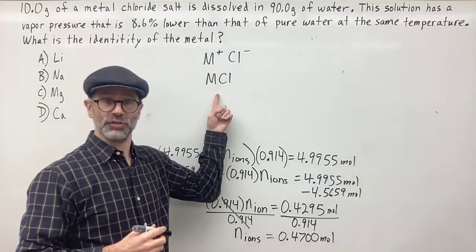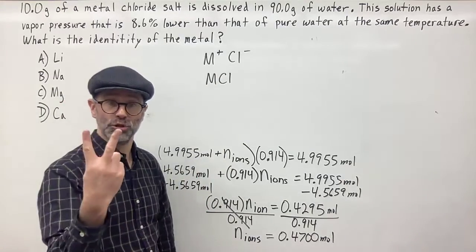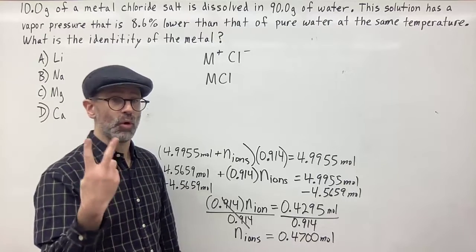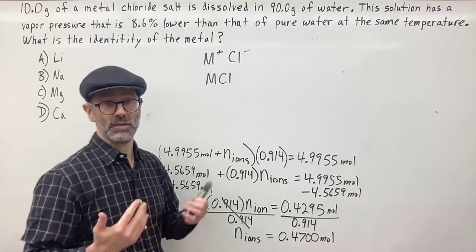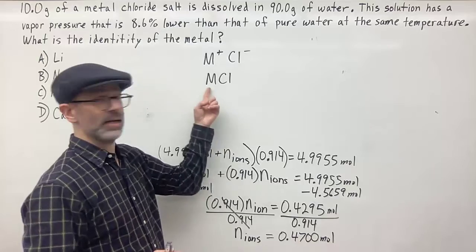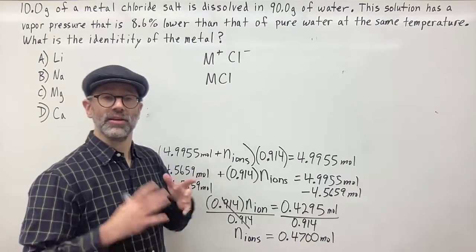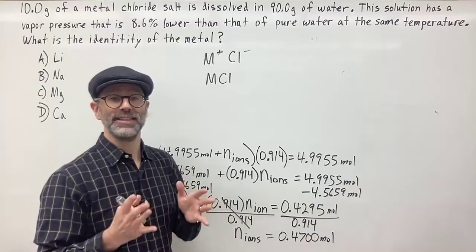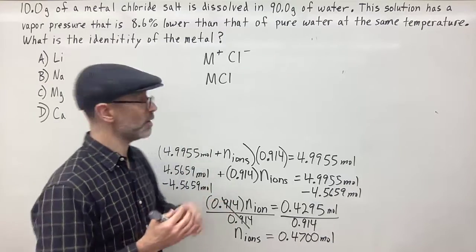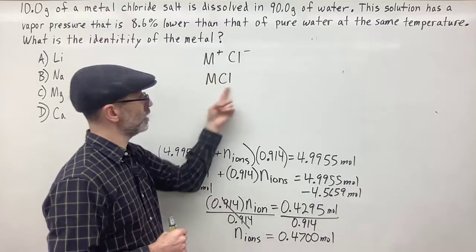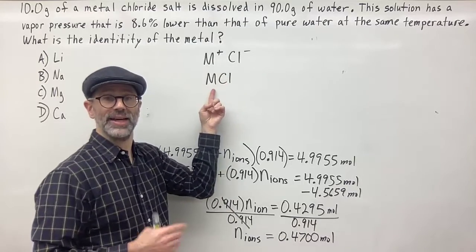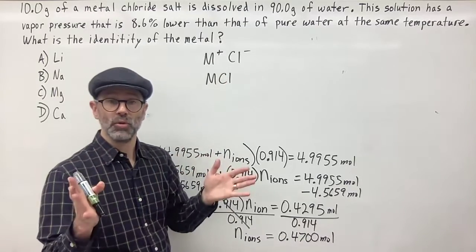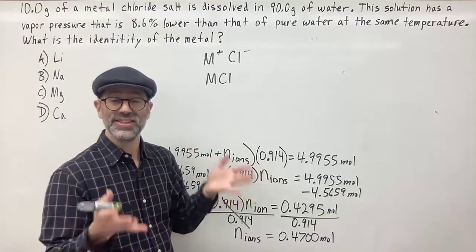If this dissolves in water, you're going to get 2 ions or 2 moles of ions for every 1 mole of the metal chloride. This is referring to the van 't Hoff factor. So you got to keep in mind the van 't Hoff factor, where the moles of the metal chloride gives you a certain number of moles of the ions when it's dissolved in water.